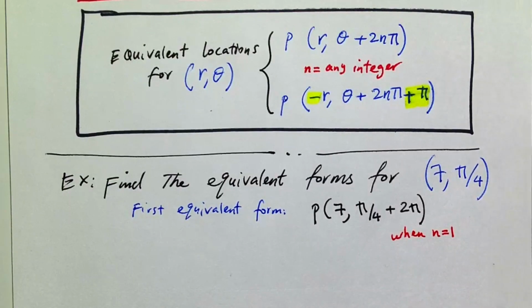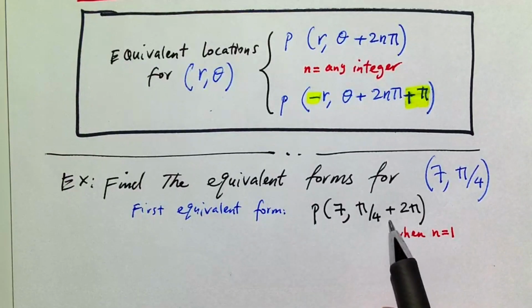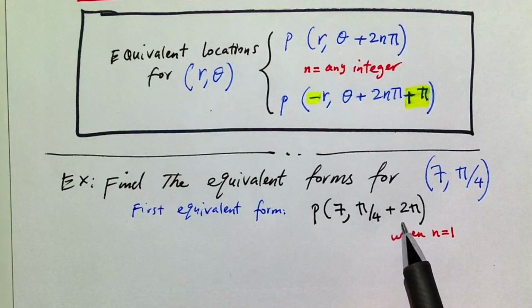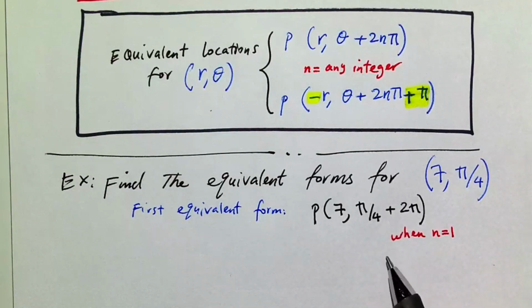So that's one form. I'm going to leave it like that, but if you want, you can take the common denominator and write down 9 pi over 4. It's the same thing.